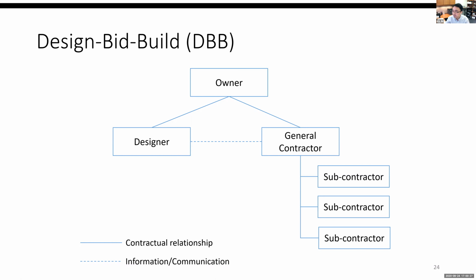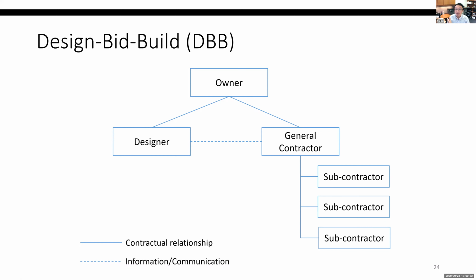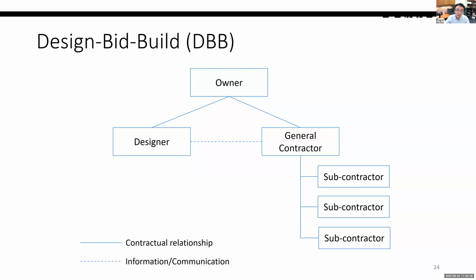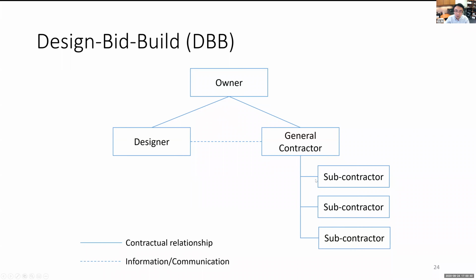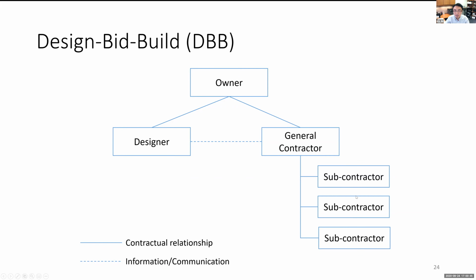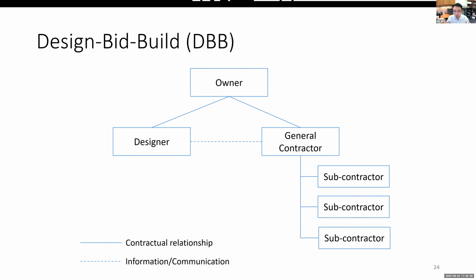Anybody? No. Correct. You could ask, but I have the right to not answer you anything. And very likely they don't answer anything from the general contractor. And then the general contractor will have a contractual relationship with the subcontractors.